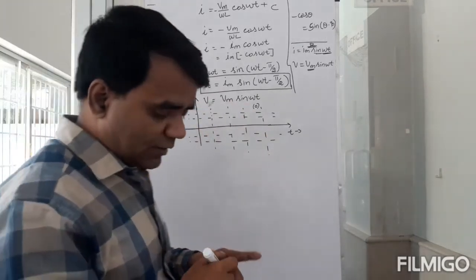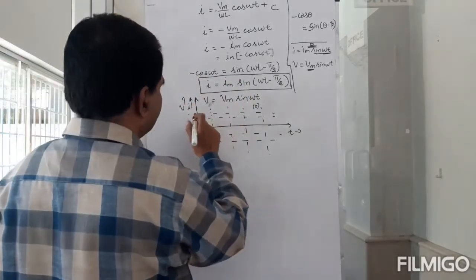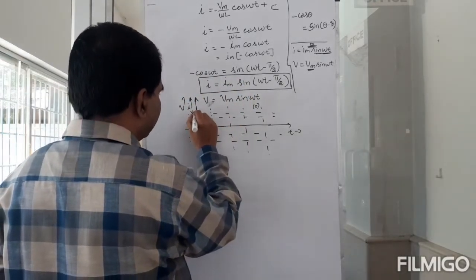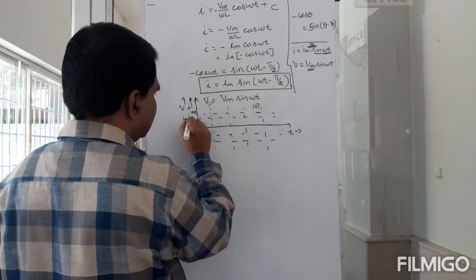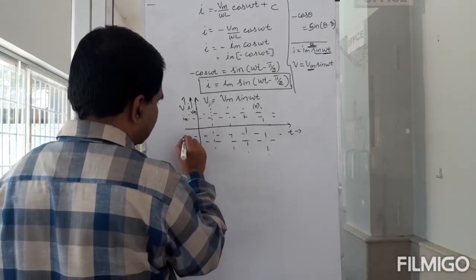I'll have two graphs for the same time. Let me take the voltage graph first. This is my Vm, and this is my Im. Likewise, this is my minus Vm, and this will be my minus Im.